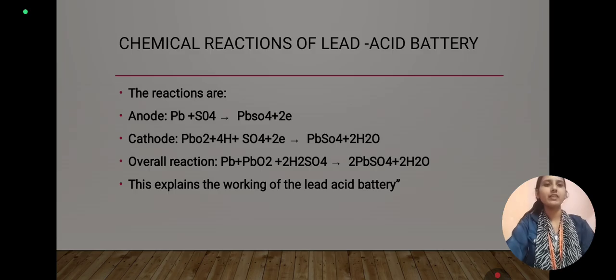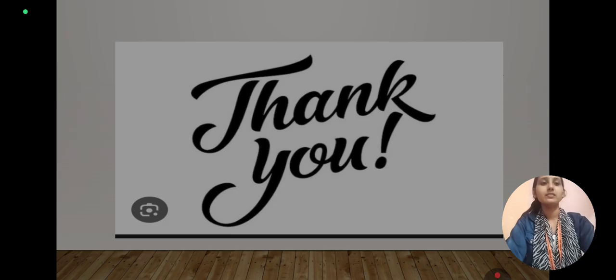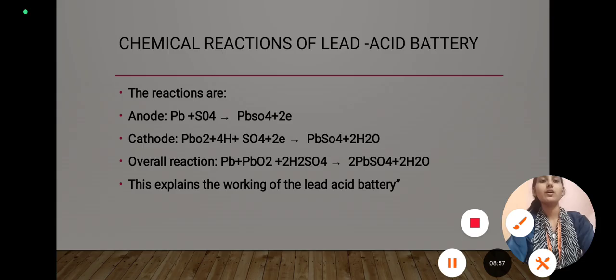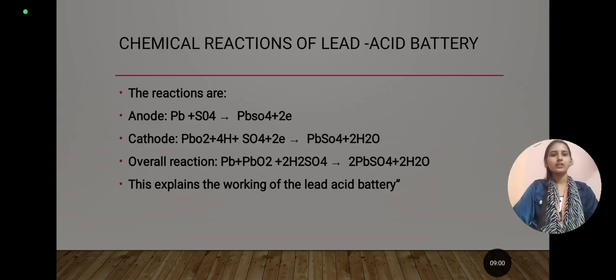Chemical reactions of a lead acid battery. The reactions are: at the anode, lead reacts with SO4 to give PbSO4. At the cathode, PbO2 plus 4H+ plus SO4 2- plus 2 electrons gives PbSO4 plus 2H2O.